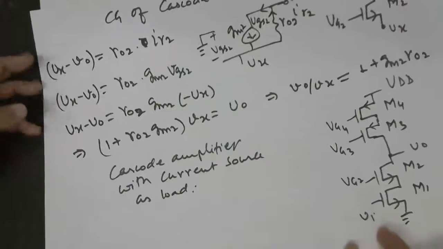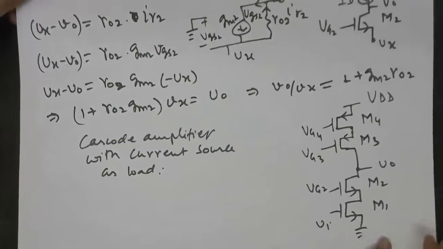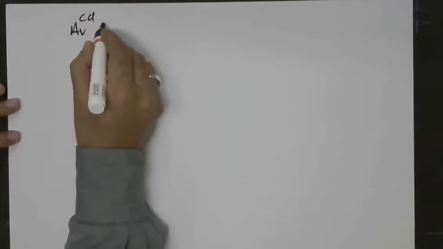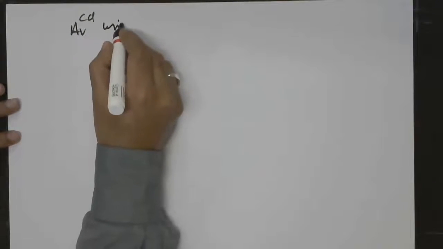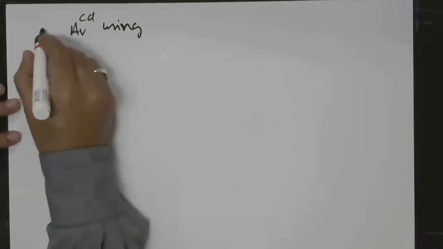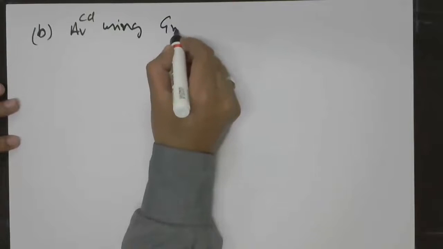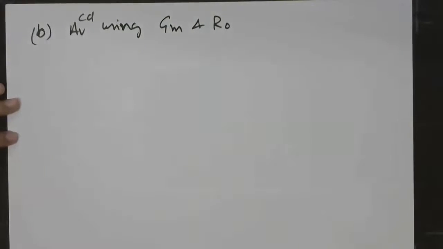Okay, so I pointed out that the gain of this cascode can be calculated in 3 ways. I have already done it using the first way, which we call the first principle. Now we are going to use a second technique for finding out the voltage gain, AV of the cascode using GM and RO.